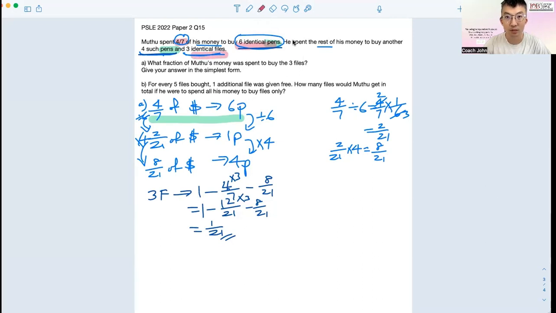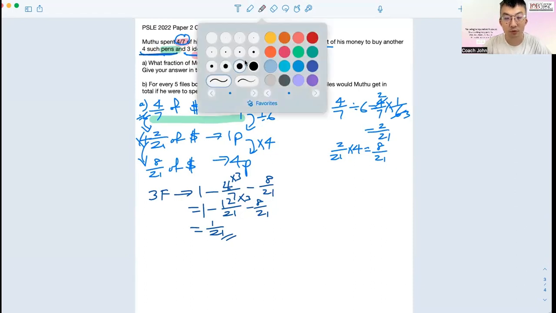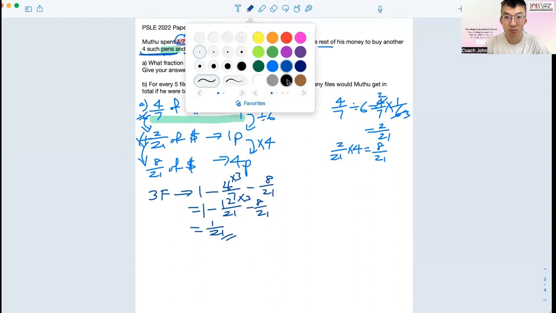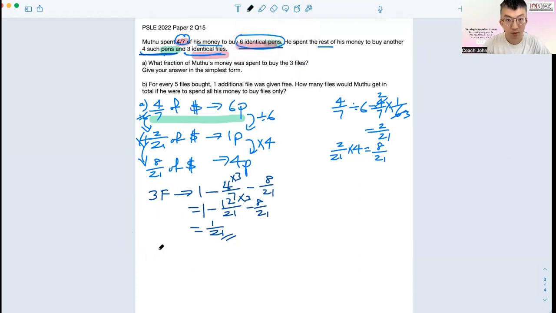So the bridge is from the 6 pens to the 4 pens, and then to the files. This is the bridge if you are looking at how to help your child link all the steps. Next one will be grouping.